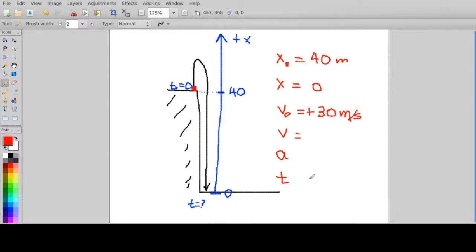The final velocity, this one's always tricky, because people will say when it gets to the ground, it stops, and therefore the final velocity is 0. That's wrong, okay? That is not the correct way to do it. Why? These three equations that I gave you know nothing about the ground.